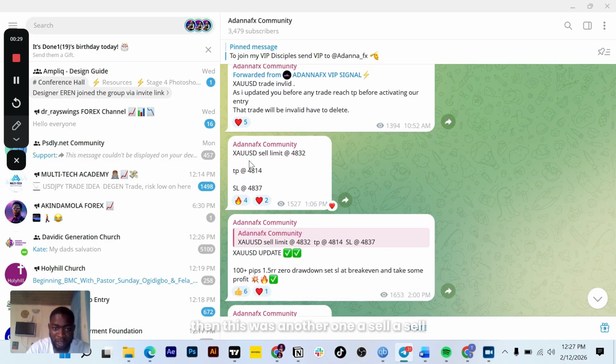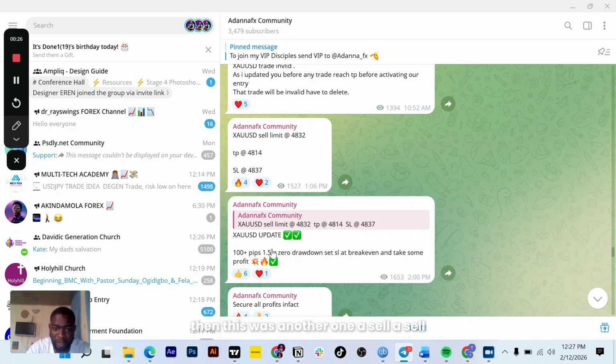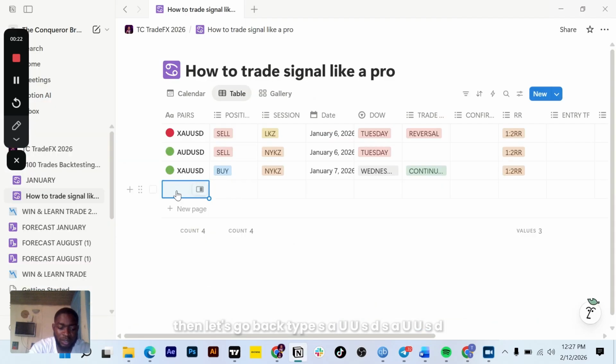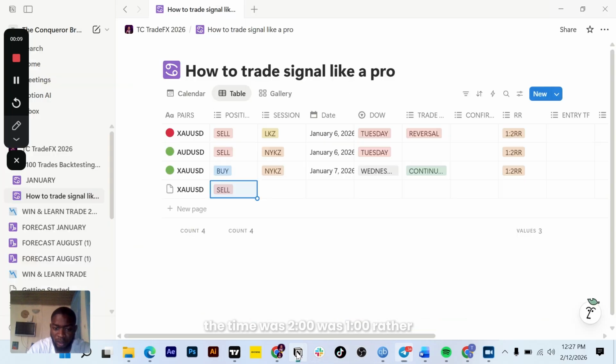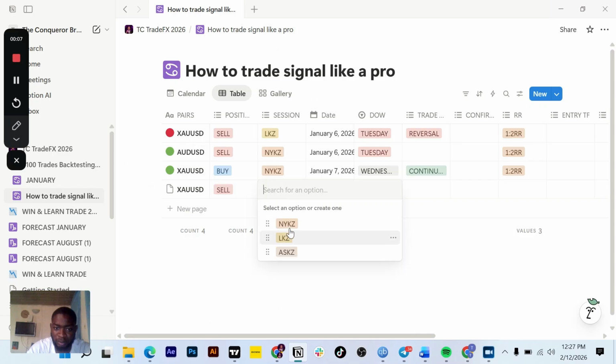A sell. Then let's go back. Type XAU/USD. A sell trade. Then let's check the time. The time was 1 o'clock rather, so it's a New York session.